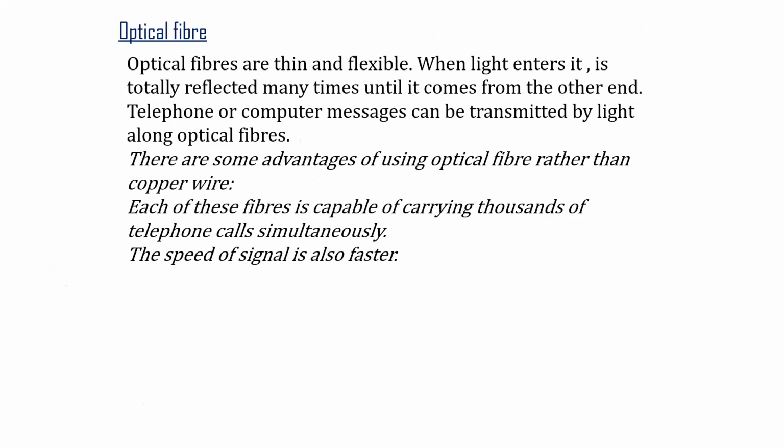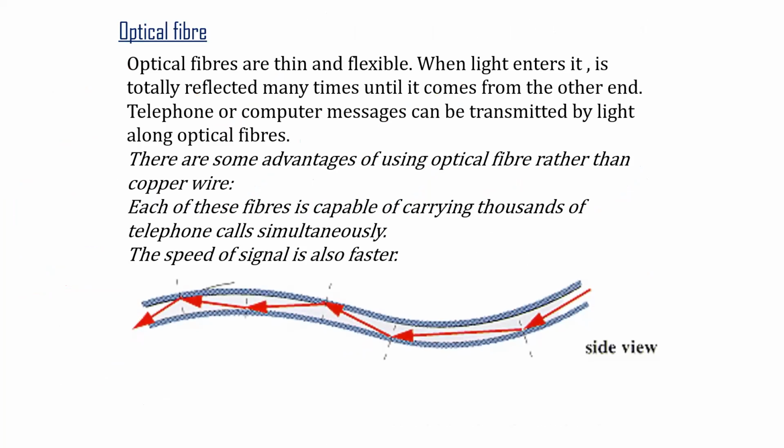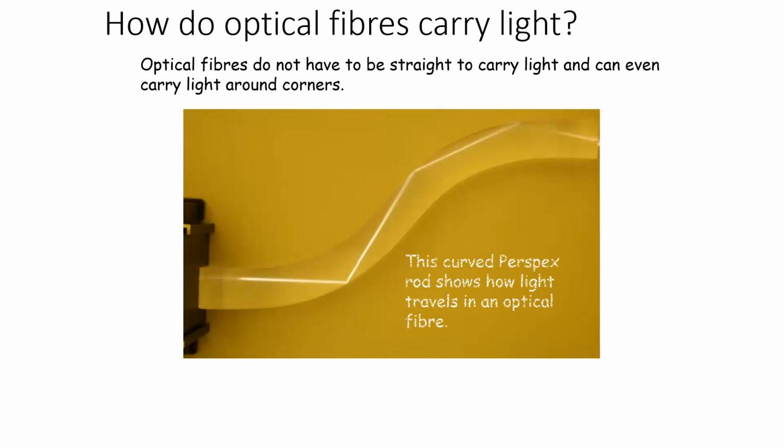Then in an optical fiber, the light will undergo total internal reflection. As you can see, this is an optical fiber, fiber optic. So this is the source of the light. When the light is moving through this optical fiber, at this point the light should go out because it strikes the surface of the transparent medium, but practically it does not go out because the angle of incidence is more than the critical angle, so it undergoes total internal reflection.